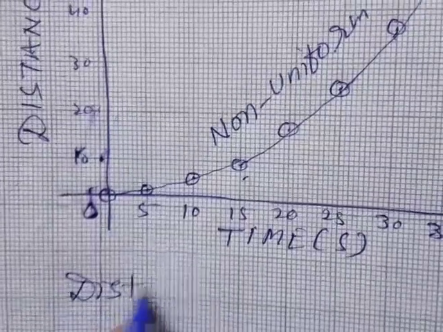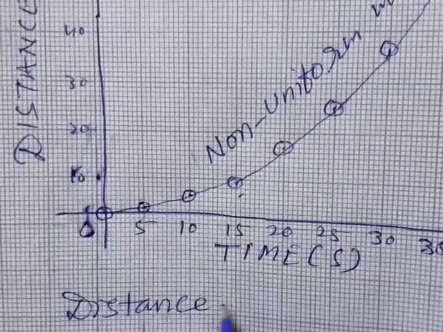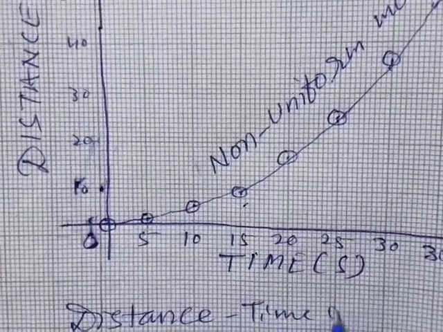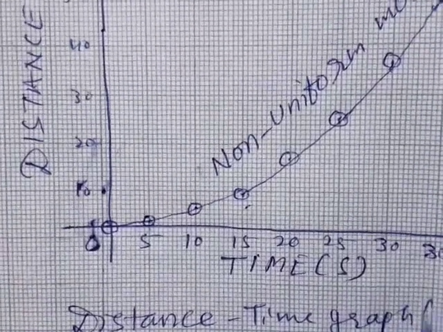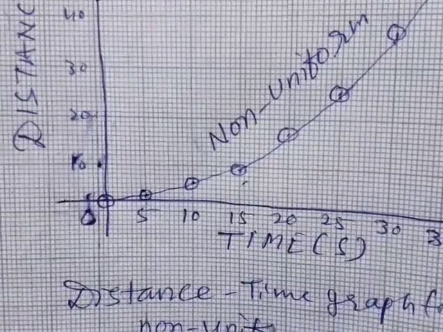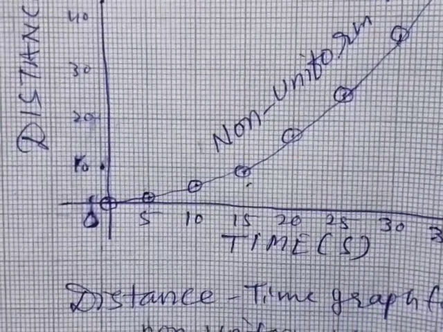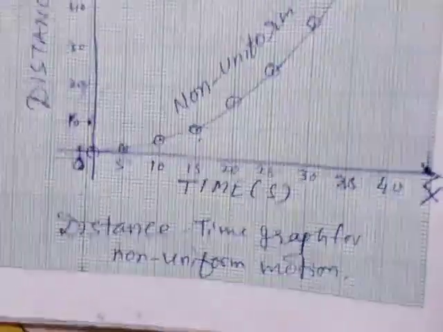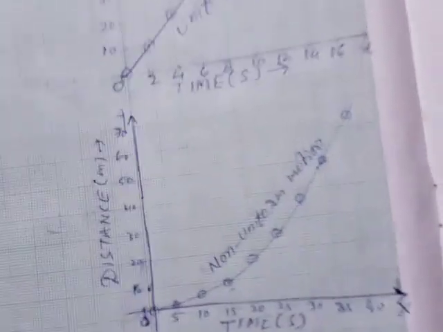So here is the distance time graph for non-uniform motion. So try to plot the graph on the basis of this.